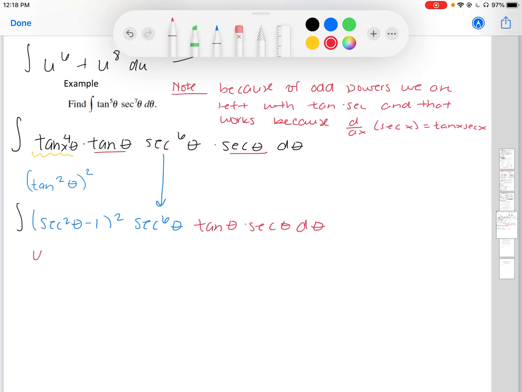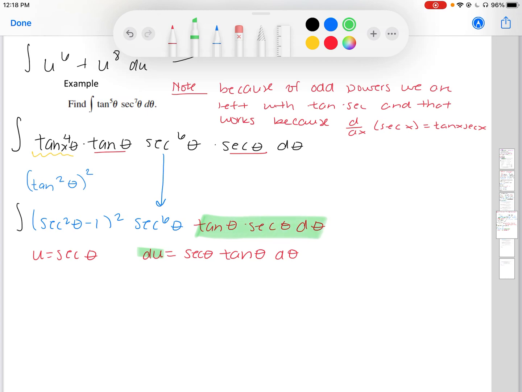Alright, so if I let u equal secant of theta, the derivative, our du, will be secant of theta times tangent of theta d theta. Alright, so we have our du.